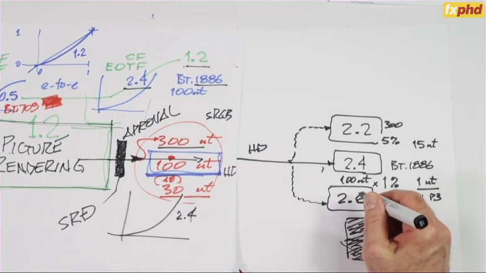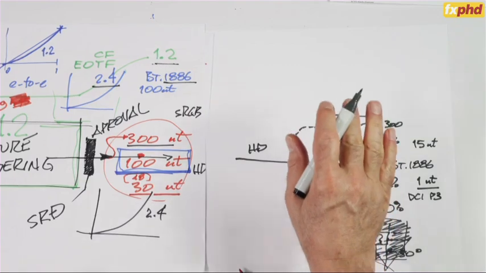So the gamma situation is complicated because at the back end, it deals with viewing conditions.